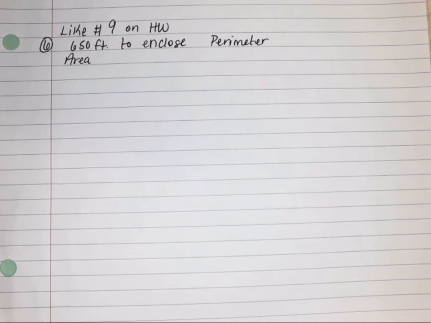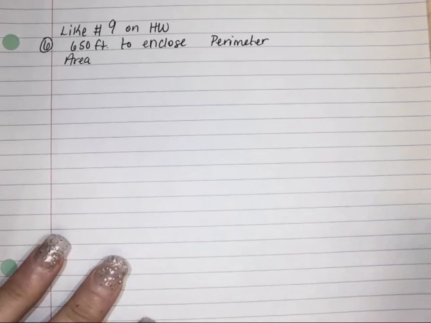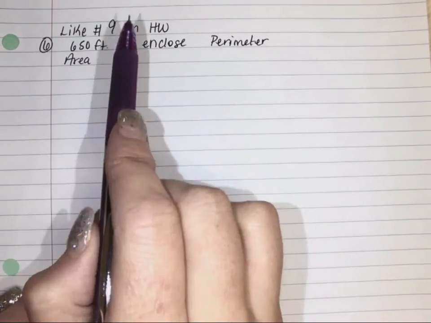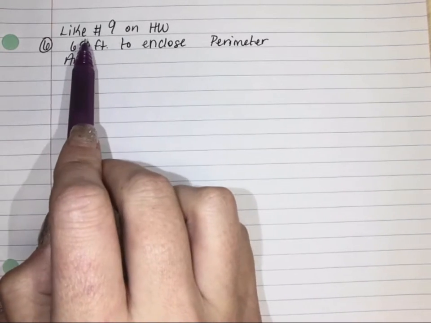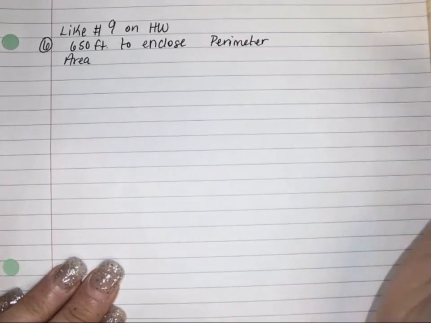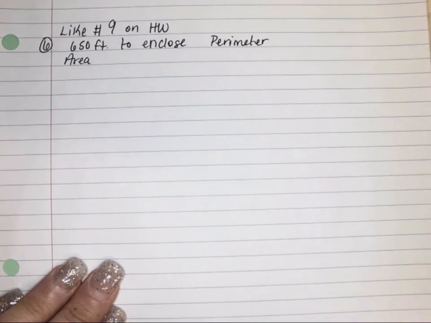Okay, your directions here would say you have 400 feet of fencing to enclose a rectangular field. Well, this problem in your example says we have 650 feet of fencing to enclose a rectangular field.